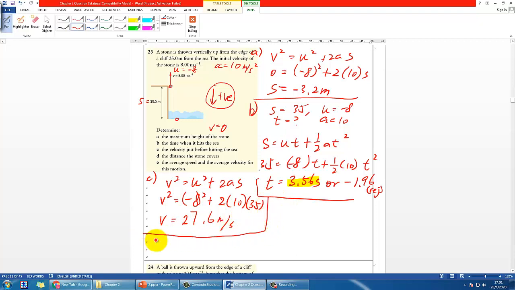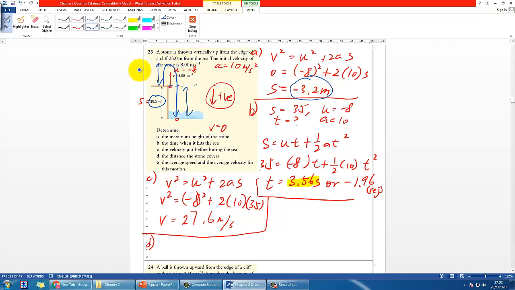Part D, okay, maybe I'll do it here. Distance the stone covers. Oh, distance. Apparently this one you don't have to use a kinematics equation. You just have to think, because you already have the information that this portion is going to be 35. When it goes up, it reaches the highest height, which is calculated in part A, 3.2, but then it comes back down.